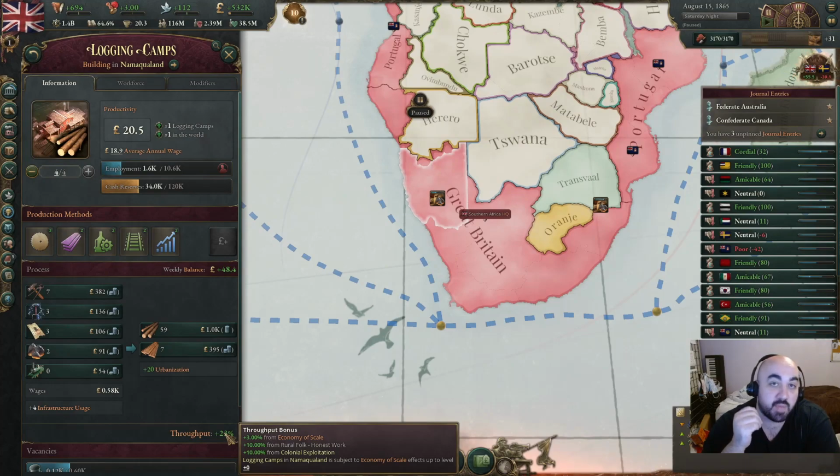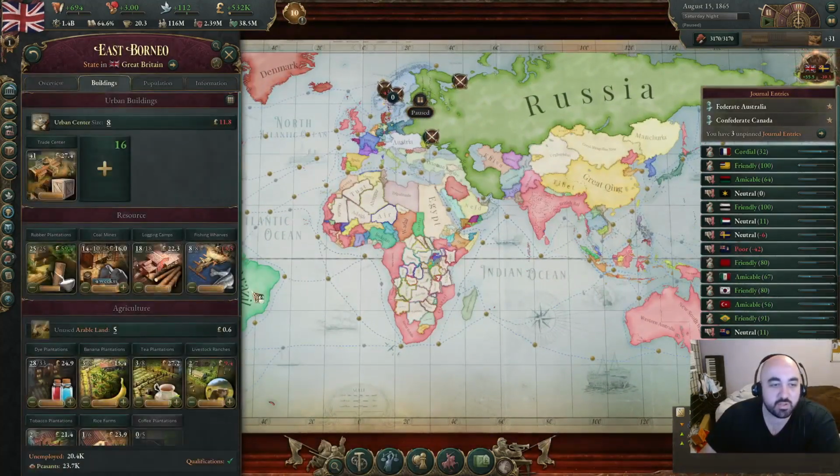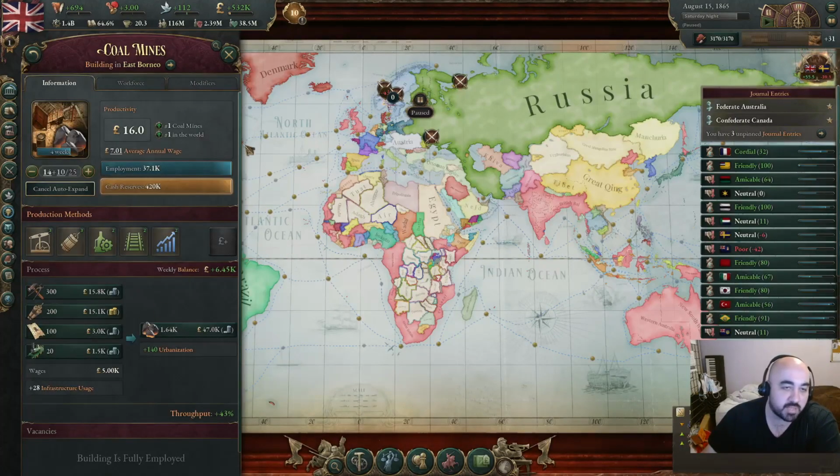You can expand the manufacturing as much as you want, but the limiting throttle will be the rural outputs, and the way to increase these rural outputs is through colonial exploitation. Also, generally speaking, in terms of population, these will start to employ less and less as you use later and later PMs, but getting this 10% throughput bonus on oil allows you to use much more efficient PMs elsewhere, or getting it on coal lets you use more efficient PMs elsewhere.